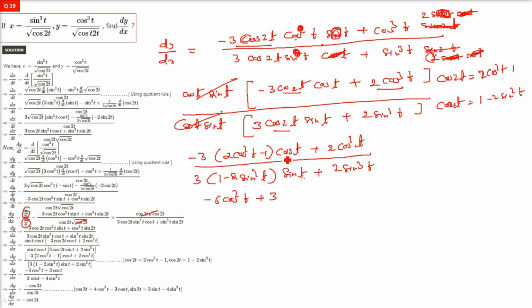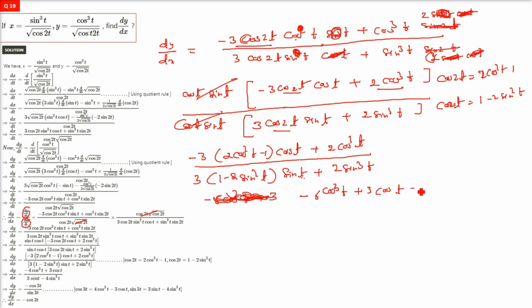Minus 3 into 2 is 6, and then we have minus, plus. So I am multiplying cos t into 3. And don't take cos and sin common here. That will be a problem because we are actually going to make the cos 3t and sin 3t formula. If we take cos t and sin t common, as we did earlier, no formula will be formed. So we have multiplied now.